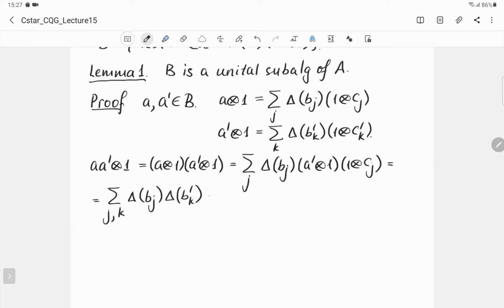Now since U and V are inverses of each other, after we take the sum over k we get the Kronecker delta Lj, and as a result the whole sum will be equal to Uij tensor 1.